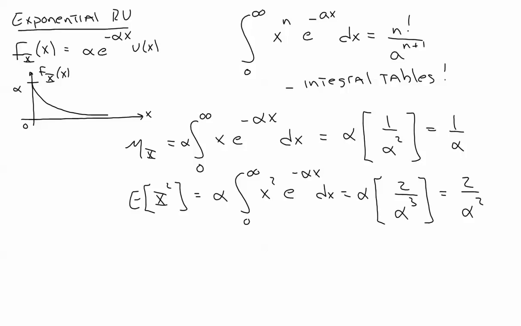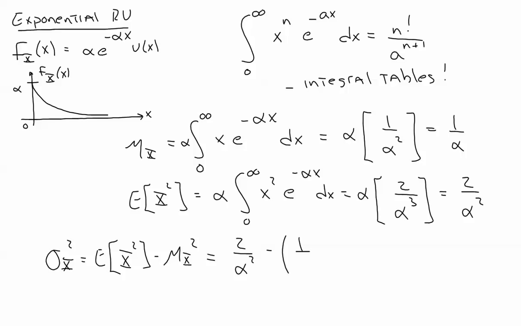And then I can find my variance. I'm always going to use my handy shortcut relationship for finding variance if I can. Need to capitalize that to make that my random variable. This is going to be 2 over alpha squared minus 1 over alpha quantity squared.